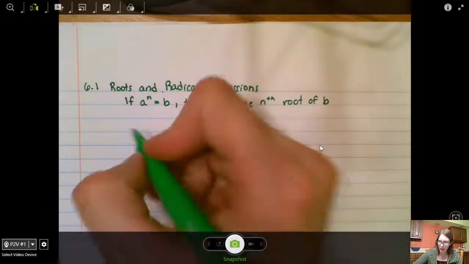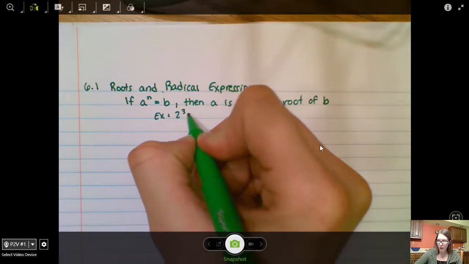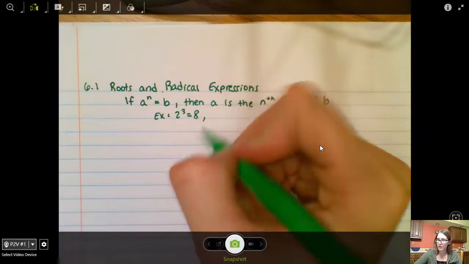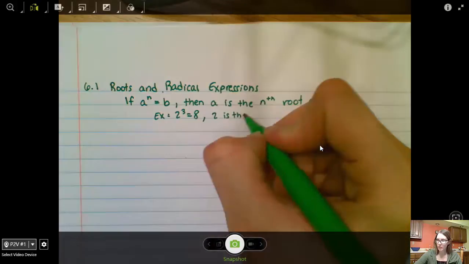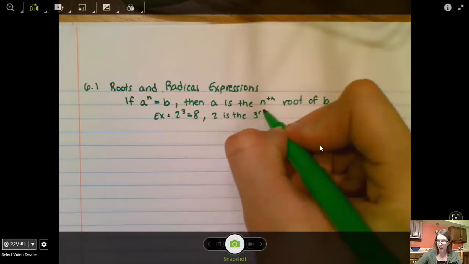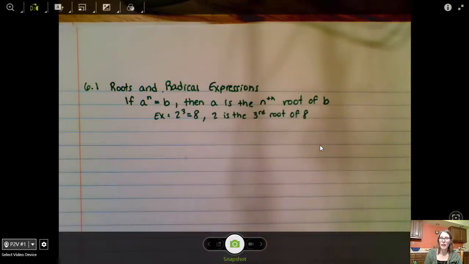So example here, if we had 2 to the 3rd power equals 8, we could also say 2 is the cube root, or you could also call it the 3rd root of 8. So just a different way to think about it.